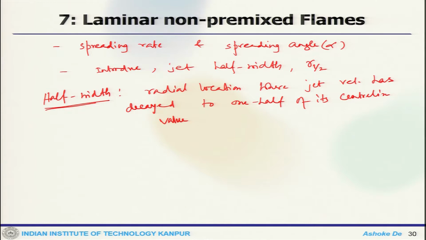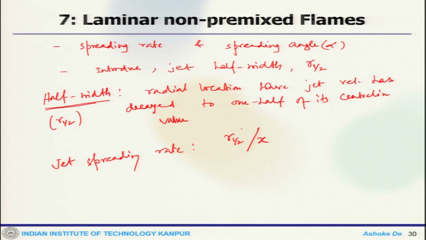Now, this R half, or half width, can be derived by setting this Vx by Vx0 to 1/2. So then one can say the jet spreading rate is nothing but R half by x.